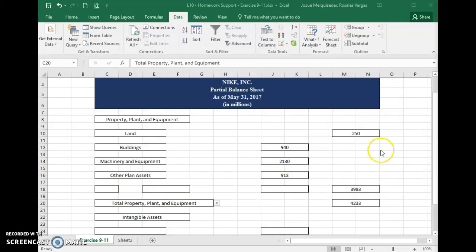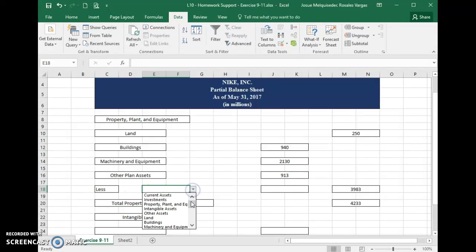But remember that whenever we talk about property, plant, and equipment, there will always be a depreciation of these assets. That is an adjustment that we will always do. So we have here accumulated depreciation, and we will look for it right now. When we find it, we will put this information right here, which will decrease the total amount that we already had.